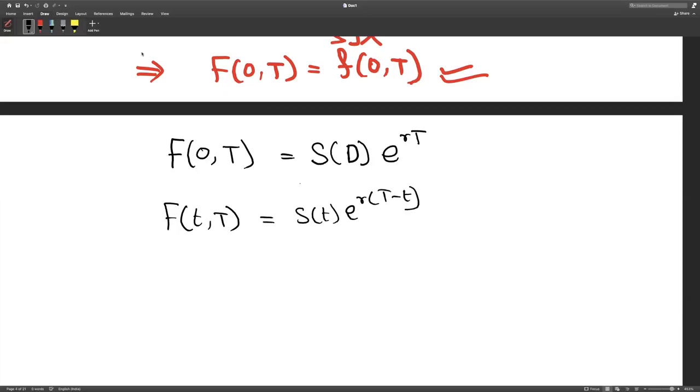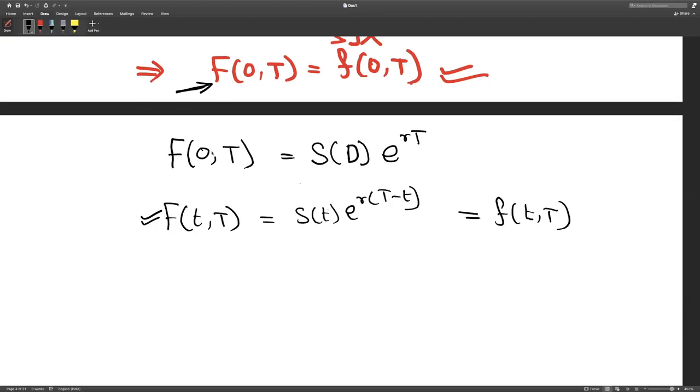So this can now be made for any time small t in the interval 0 to capital T. Therefore, the same idea can be adopted to make this formula, and that is equal to F(t, T), in case there is no extra cost involved in the underlying asset, and no dividend is paid by the underlying asset, then this is the model.